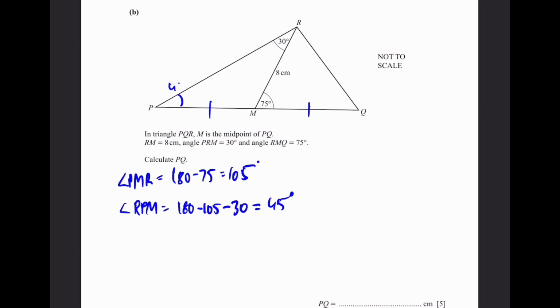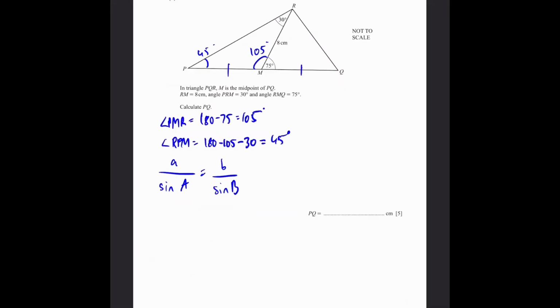Now we know these two angles. We can find this side here. So we know this side and we know both of these angles, so we can use the sine rule. a by sine A equals b by sine B. Now, let's say a is MR, which is 8 centimeters, by sine 45 is equal to b, let's say that's PM, divided by sine 30.